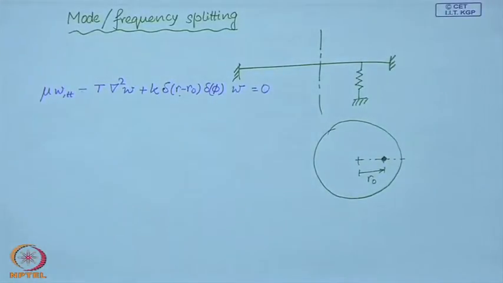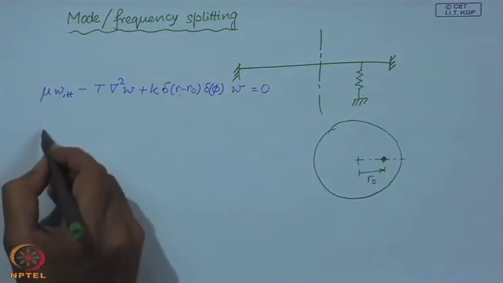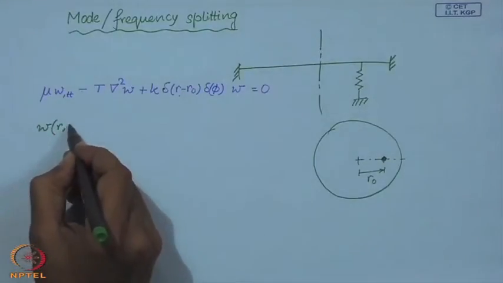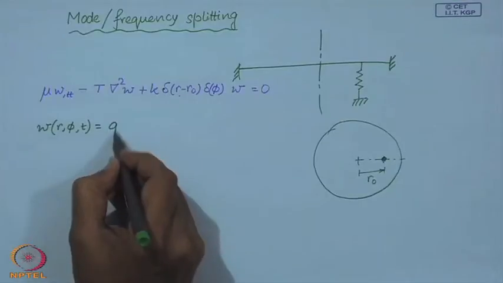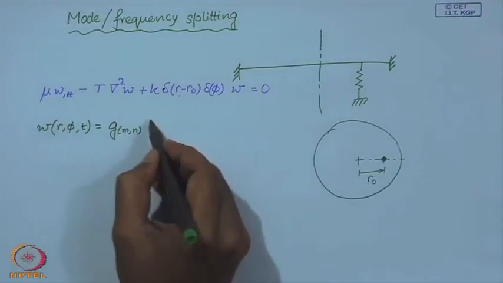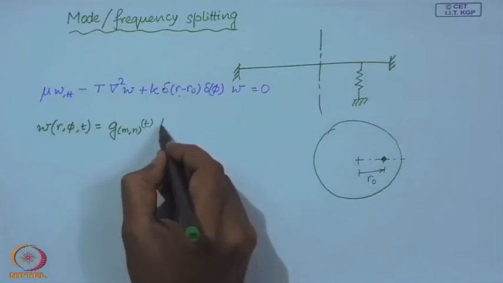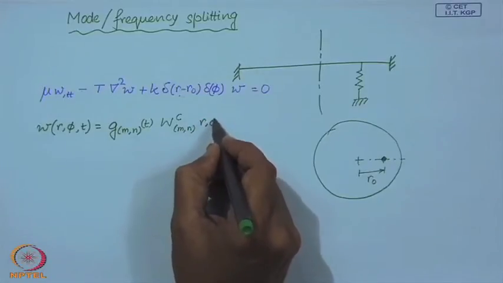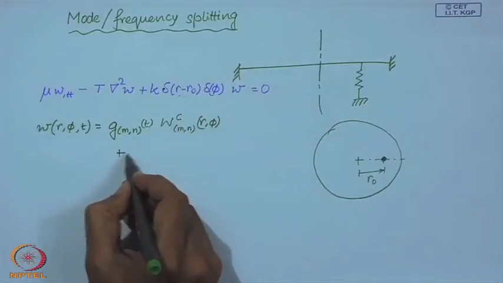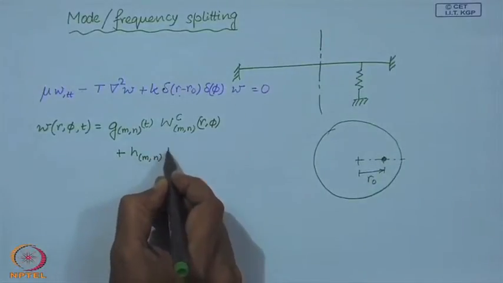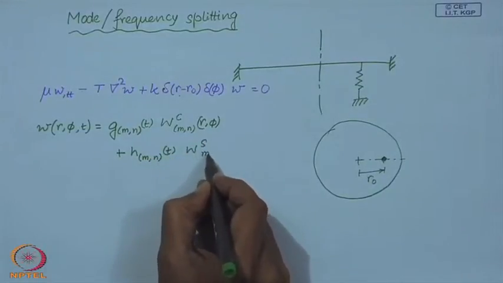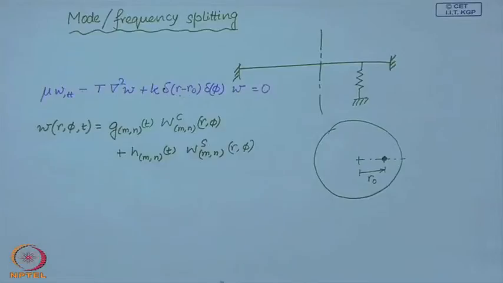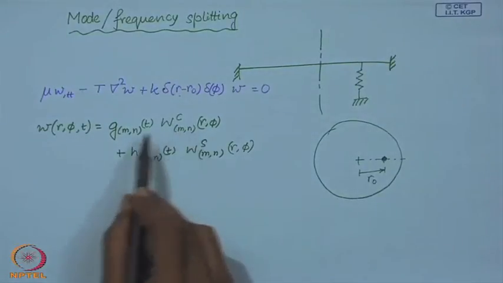Now, to understand what happens in this case, let us just look at a single mode expansion. So, this is the modal coordinate, this is the eigen function, the cosine one, so I have taken a single mode, actually corresponding to a single frequency.